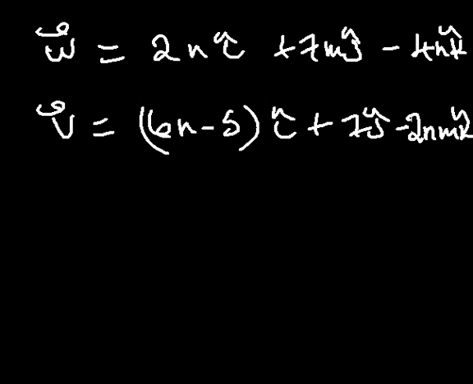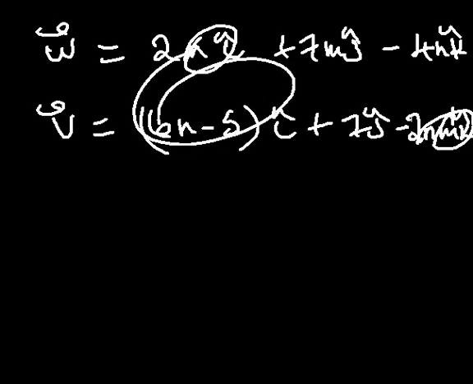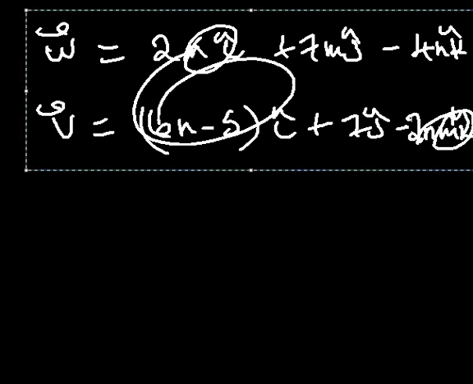Yes, it should be that. So find the values of m as well as n for these two vectors. Try to work this out using the principle that we have discussed recently.